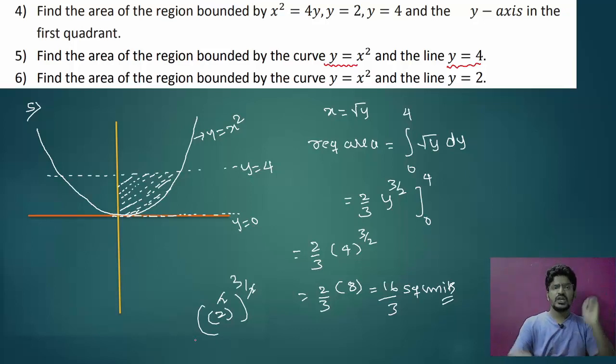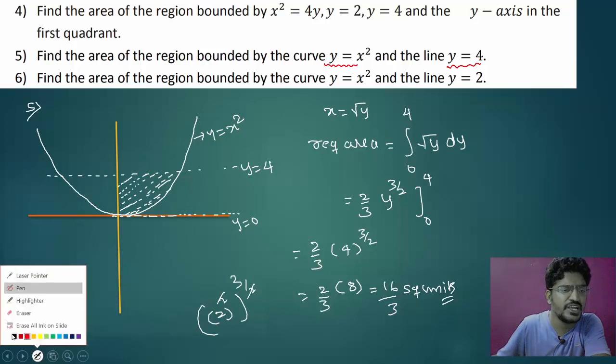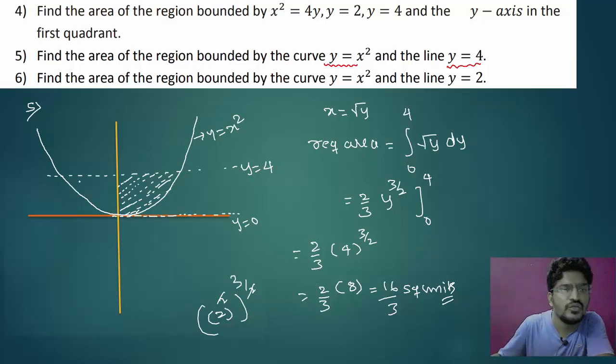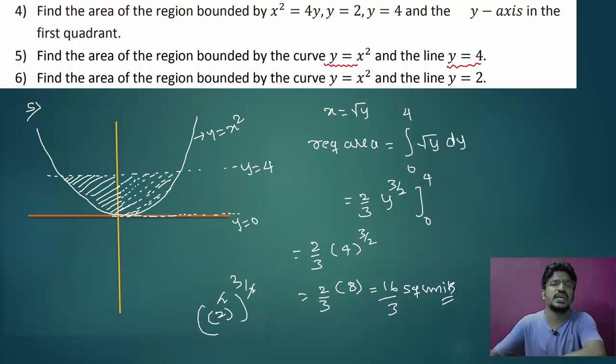Here you can see I have solved only the shaded portion. But according to the NCERT bounded rules and the state board bounded rules, when it is given y equal to 4 and the curve y equal to x square, we have to go with both the areas, that is, in the first quadrant as well as the second quadrant.